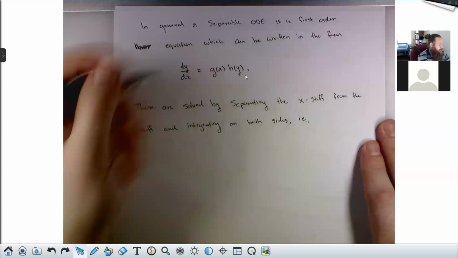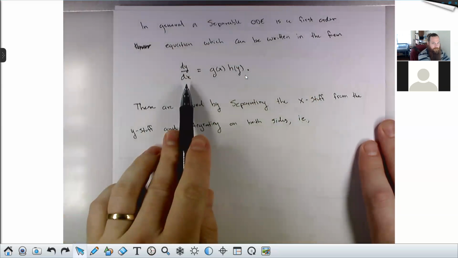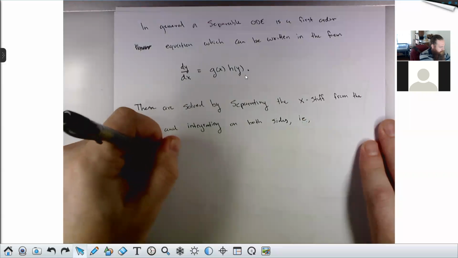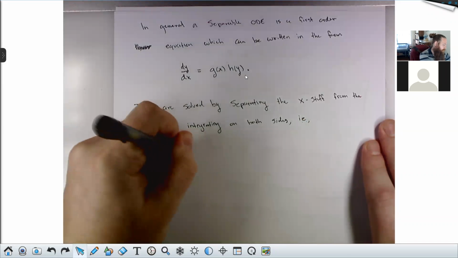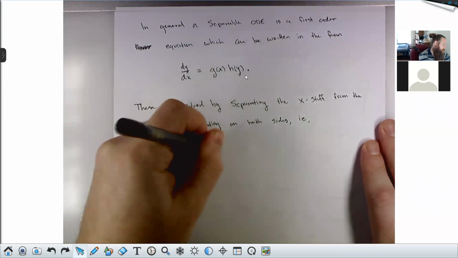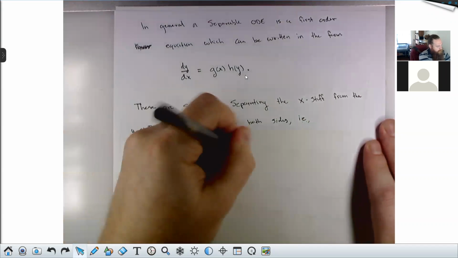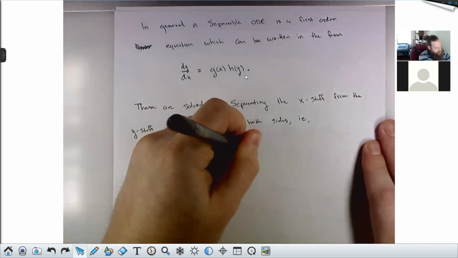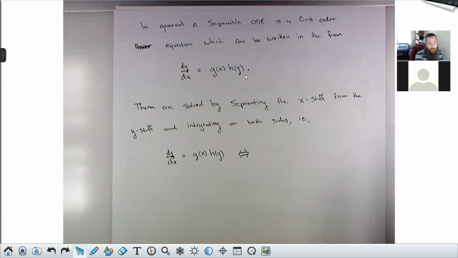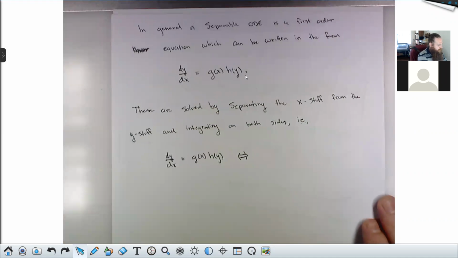That is, I'm going to multiply both sides by dx. So I'll write the whole process out here. dy dx is equal to g of x times h of y. Multiplying both sides by dx is a somewhat illegal thing because dx isn't a number. But if you take non-standard analysis or learn about hyperreal numbers, it's actually okay.